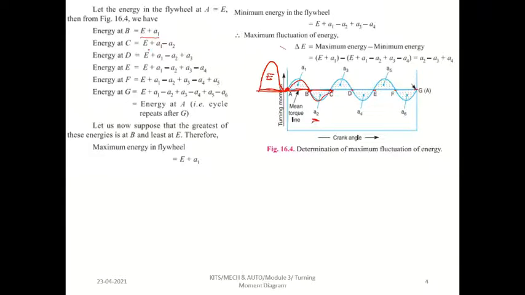So E plus A1 minus A2. Similarly, at point D, we are getting some energy, so E plus A1 minus A2 plus A3. At E, we are spending some energy, so E plus A1 minus A2 plus A3 minus A4. Until this point, we are solving like that.